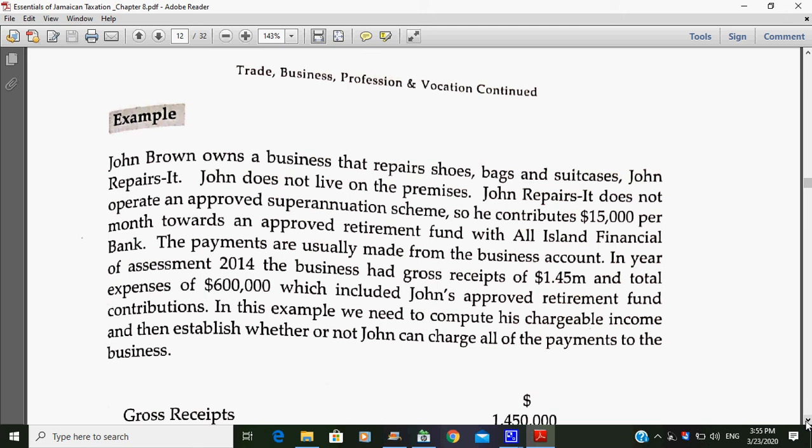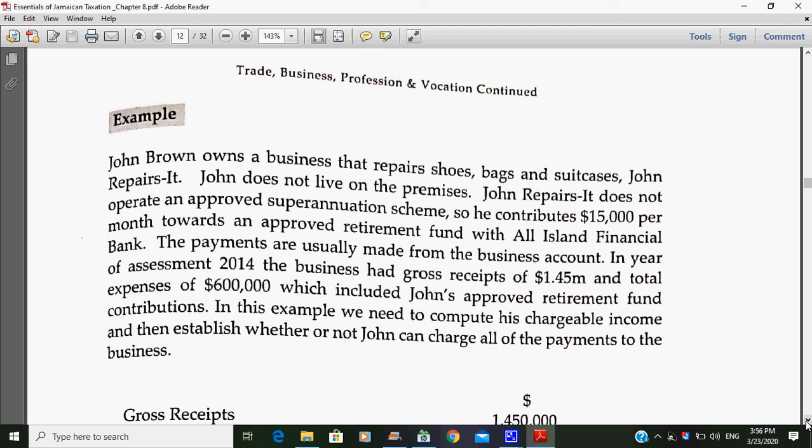The payments are usually made from the business account. In the year 2014, the business had gross receipts of 1.45 million and total expenses of 600,000, which included John's approved retirement fund contribution.